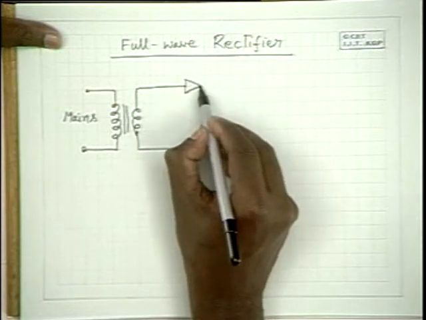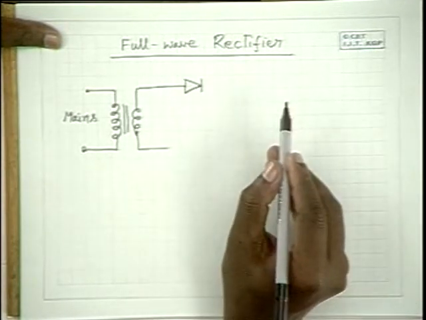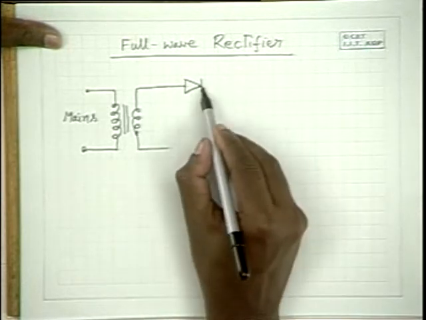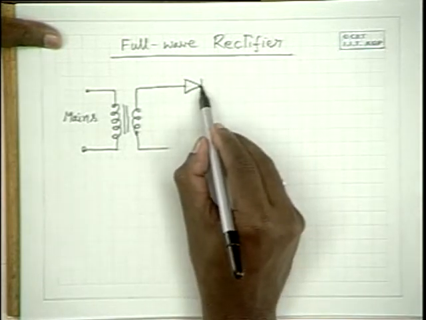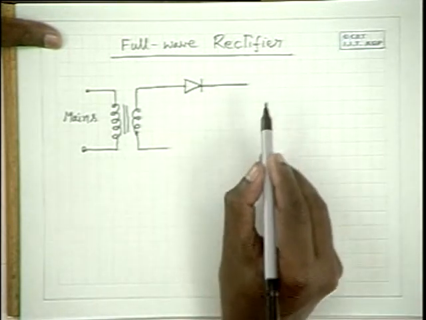So for a full wave rectifier, several circuit configurations are possible, while I am giving one of them here.